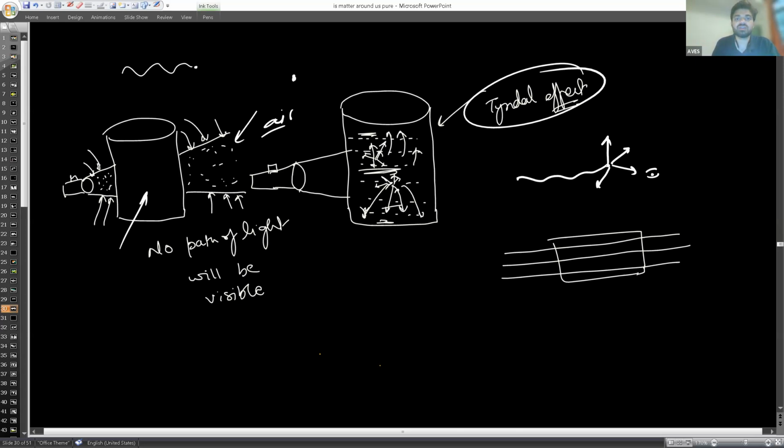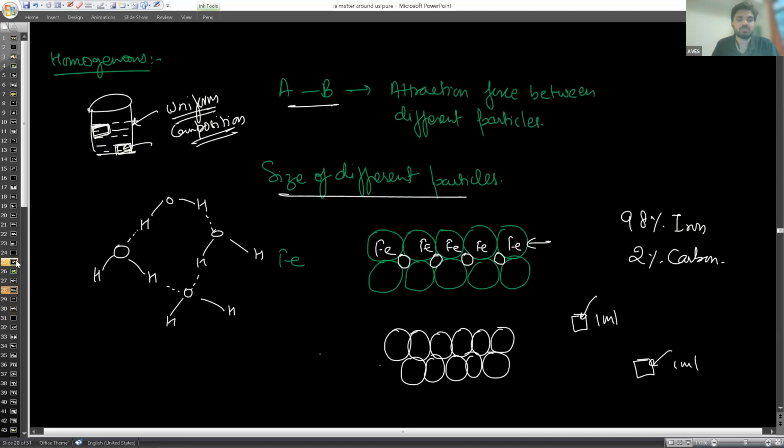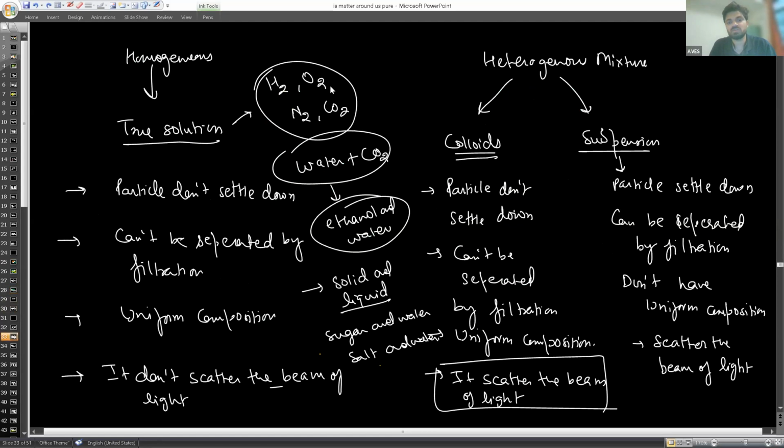What are the examples of colloidal solution? Like for example, hydrogen gas, oxygen gas, N2, carbon dioxide. These are true solutions. But if we have dust in between, there are different samples of gas.